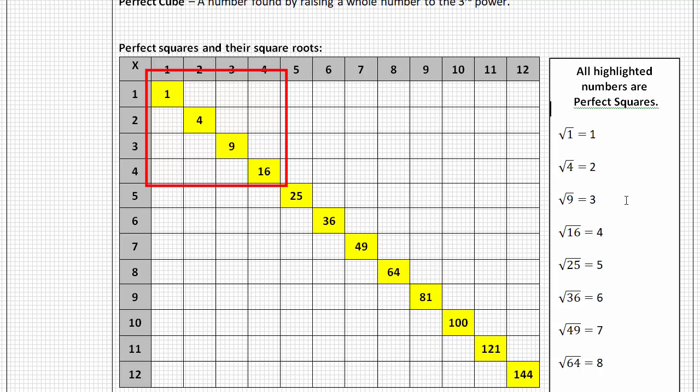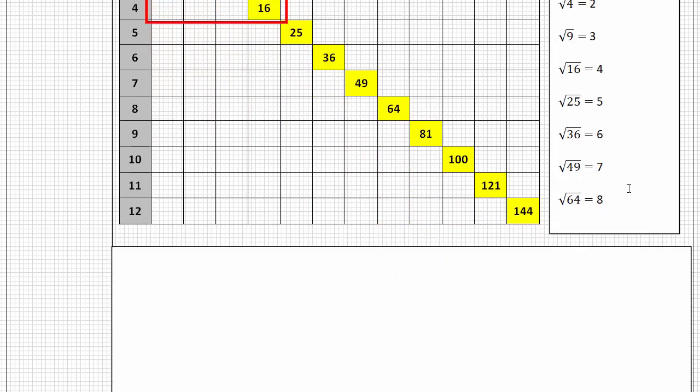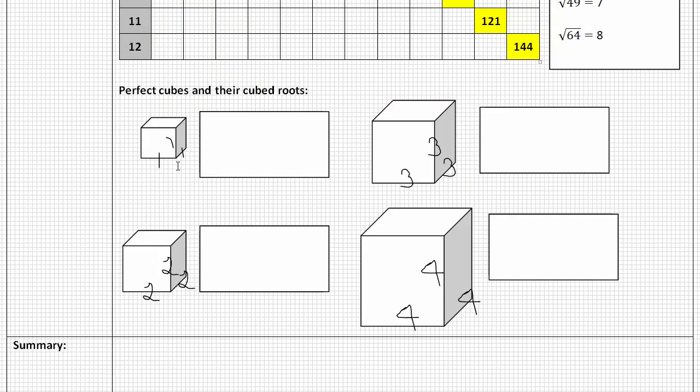Now let's take a moment to talk about perfect cubes. So here I've just started with the first 4 perfect cubes, and I've drawn it out because it is found, as mentioned in our definitions above, by taking a whole number and raising it to the third power. So 1 times 1 times 1 is 1.